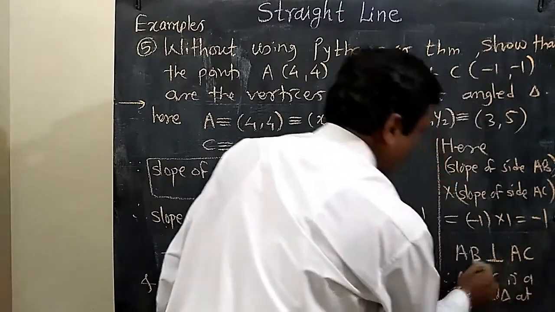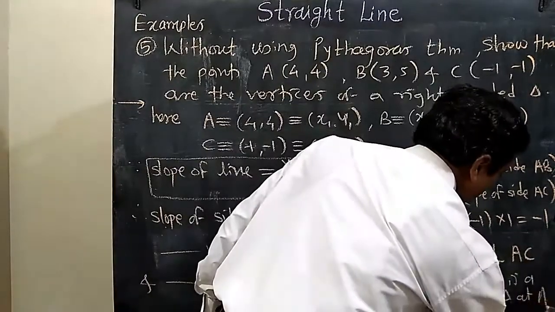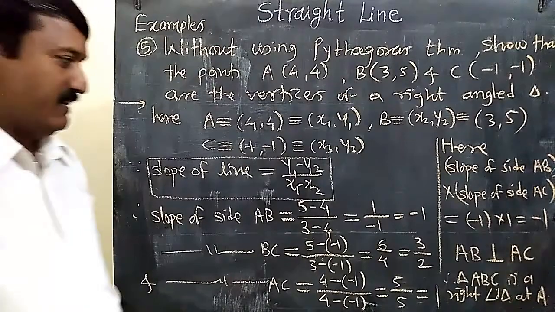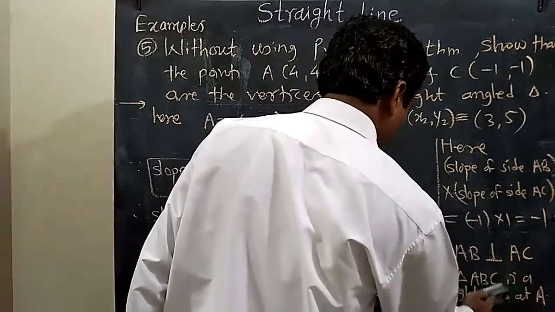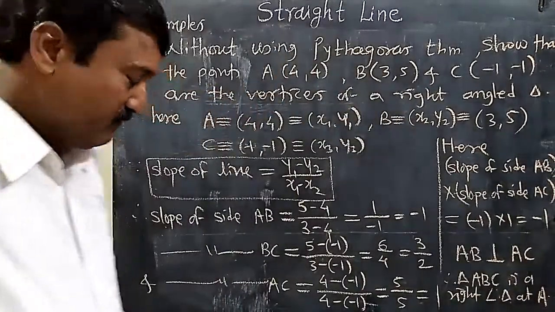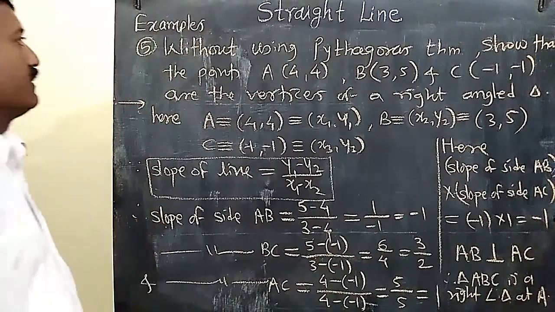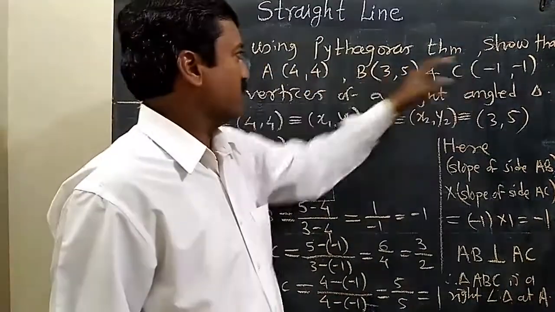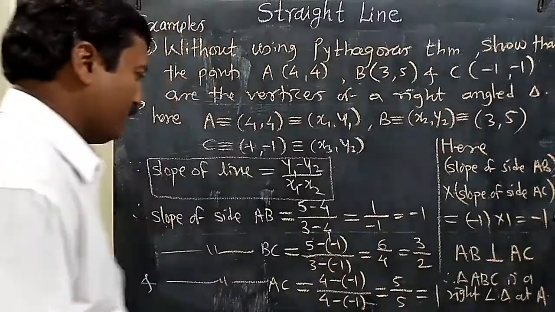At which vertex, which one is common? A. So it is a right angle triangle at A, where A is the right angle. So this is the way to show that these 3 points are the vertices of a right angle triangle.